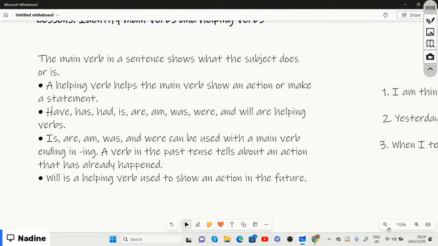So yes, a verb is something that someone is doing. It's a doing word. And the helping verb basically just tells us when the person does something. It's either in the present tense, in the past tense, or in the future tense.